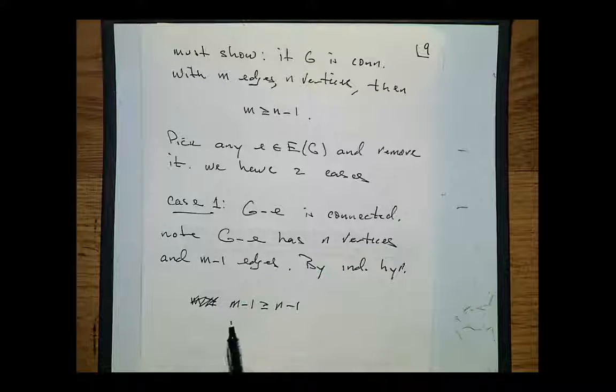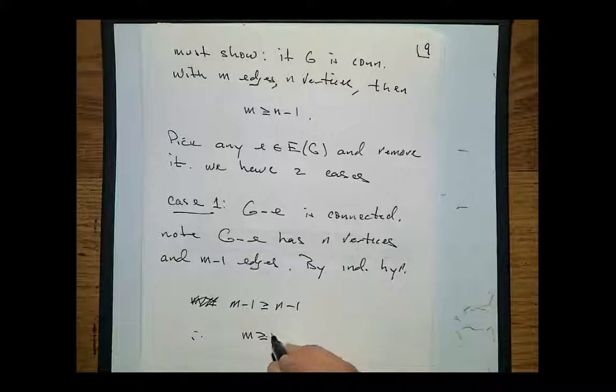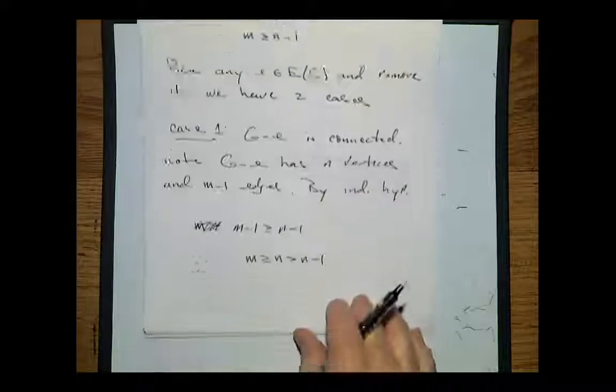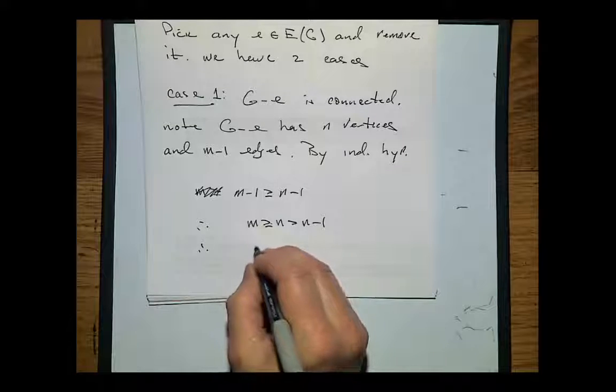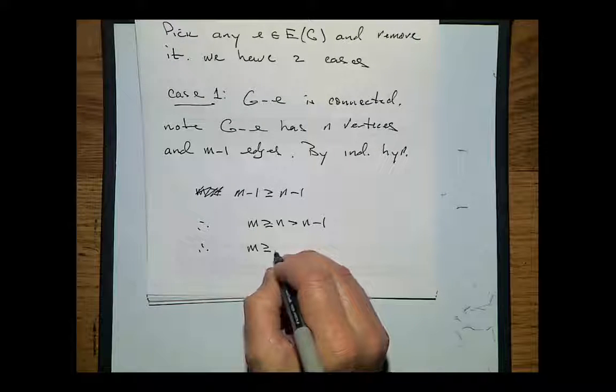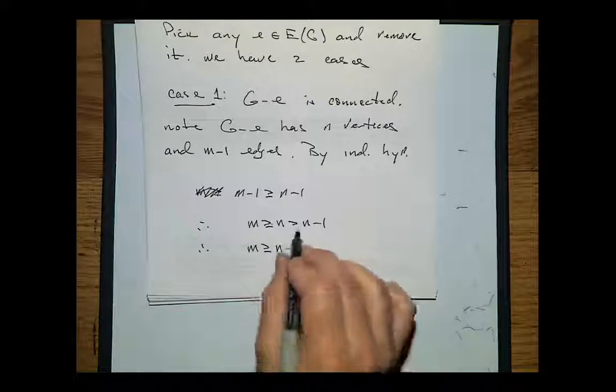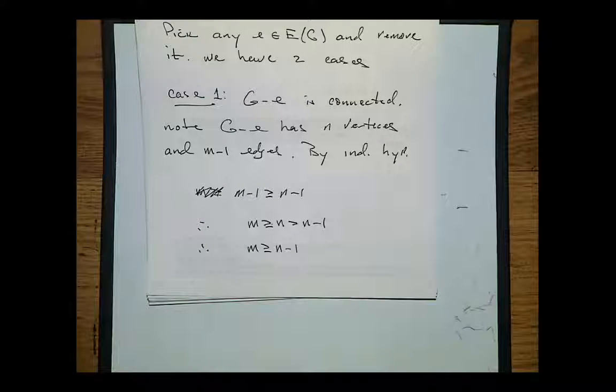Right? So therefore, m is greater than or equal to n, but n is certainly greater than n minus 1. So therefore, trivially now, m is greater than or equal to n minus 1. As a matter of fact, I could write strict inequality. This is the case where strict inequality actually holds.